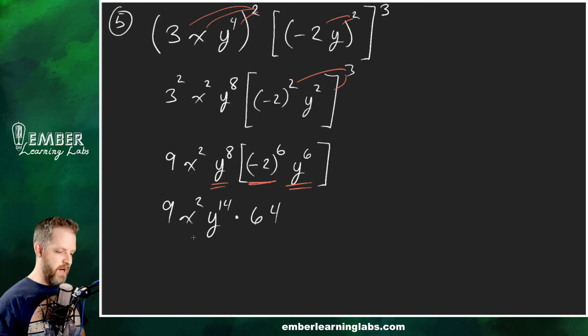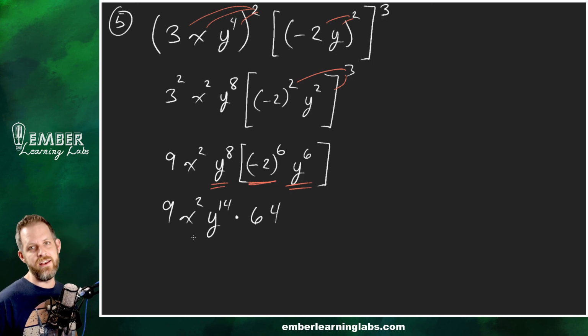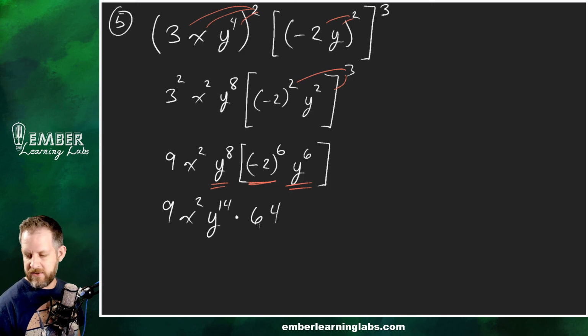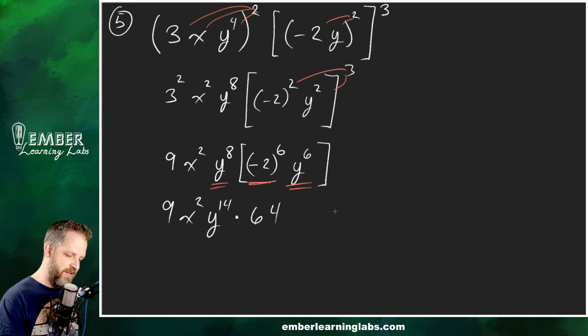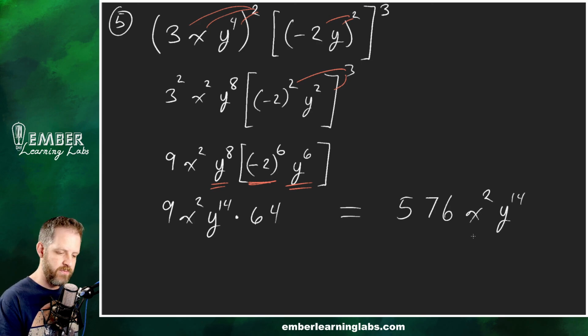So word to the wise, when you put in powers of a negative in your calculator, make sure you put it in parentheses. Okay. Then 9 times 64 is 576. So this equals 576 x squared y to the 14th.